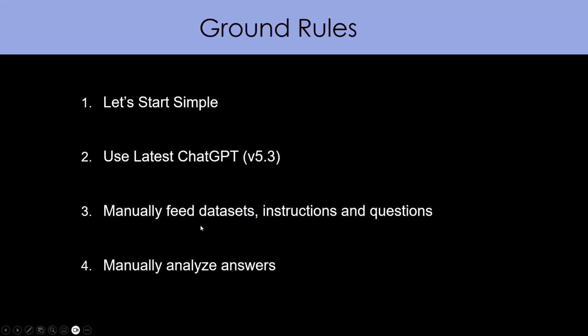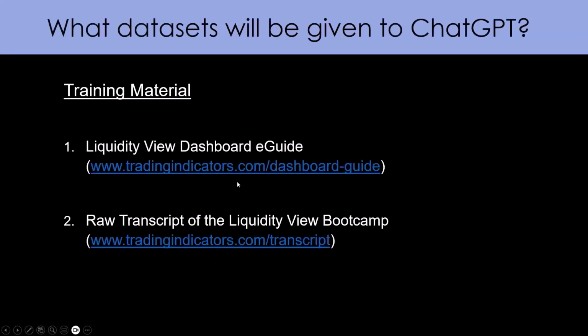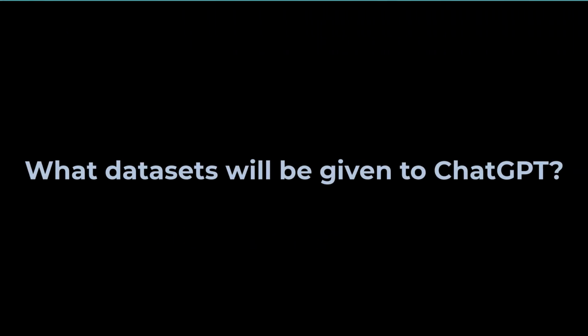Now, for every AI solution, it is absolutely imperative to give it good instructions, but also good data to work with. Let's go back one step. What would be good data for an AI engine when it comes to our Liquidity View dashboard?